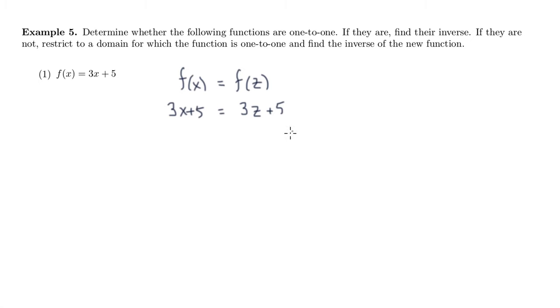If you look, we can subtract 5 from both sides, so 3x has to equal 3z. If we divide both sides by 3, we have x is equal to z, which is what we want to show. Therefore, f is one-to-one. So it has an inverse.